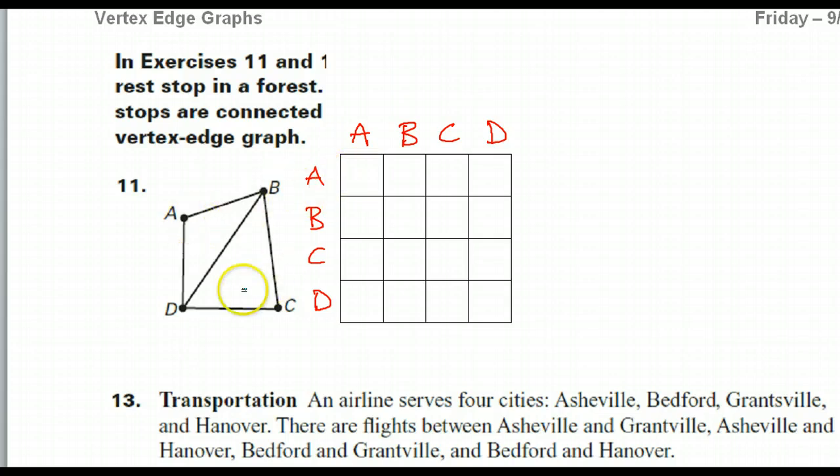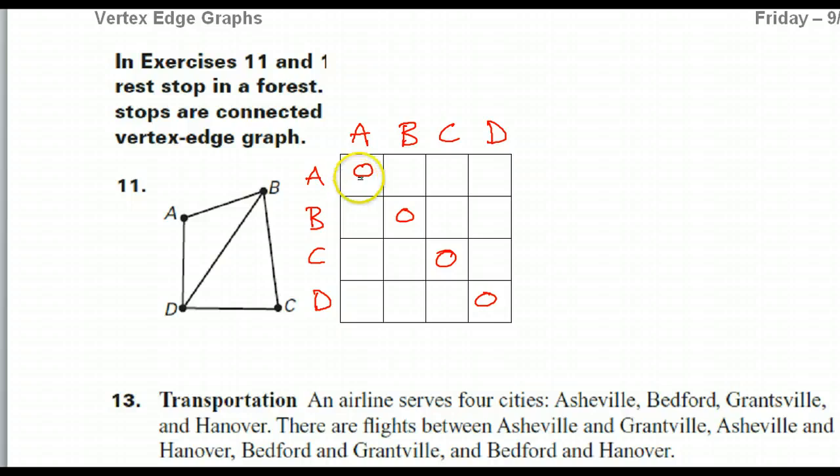Remember, each one of these represents a rest stop, and the connections represent a walking path, a trail between the rest stops. So you cannot have a trail leading to yourself. A to A would represent a trail from point A to point A. That can't happen. B to B, C to C, D to D, you can't have a trail from a rest stop to itself.